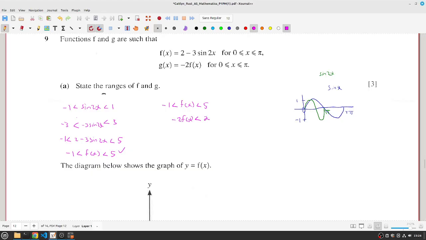Also 5 times negative 2 will become negative 10, and we move that to the other side. And negative 2 f(x) is just g(x), so we can say that g(x) is between negative 10 and 2. And that's the g(x) range.